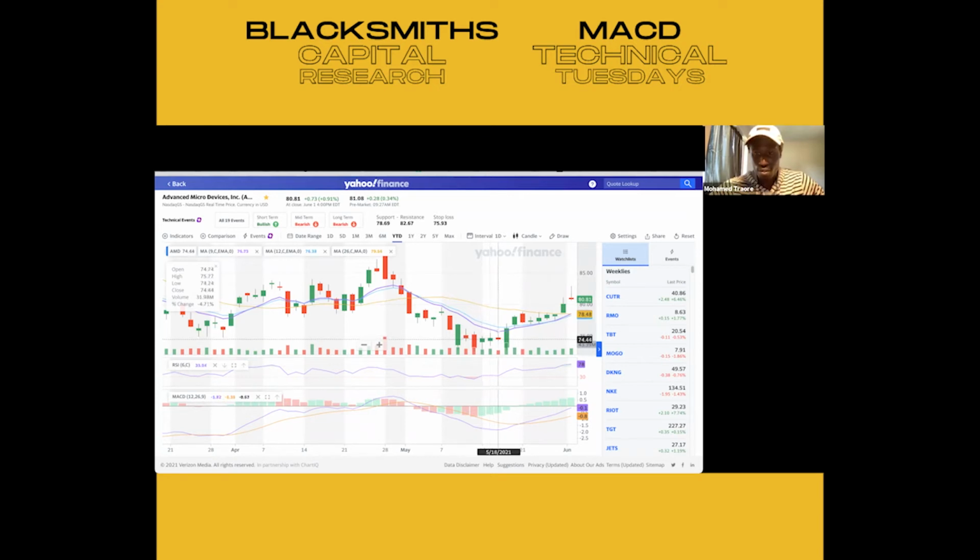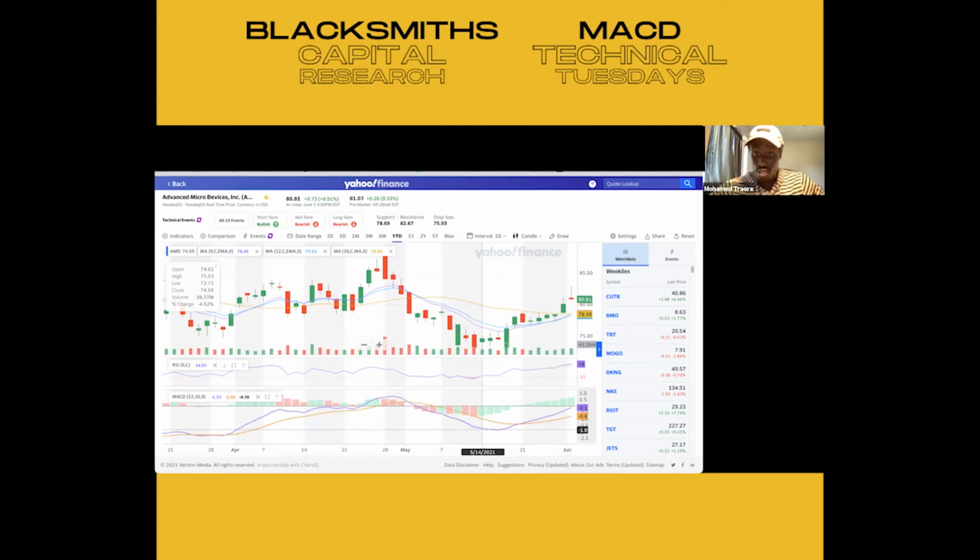Do you notice how that corresponds to the actual chart on those days, those green histogram bars? You can see how that 26-day is flattening as it goes downward in rate, and that blue line at the 12-day is getting further away from it.